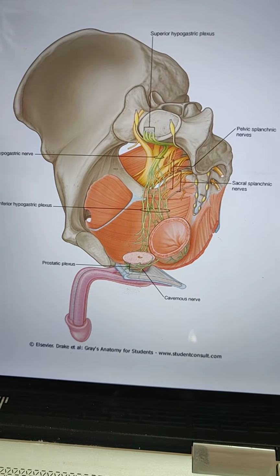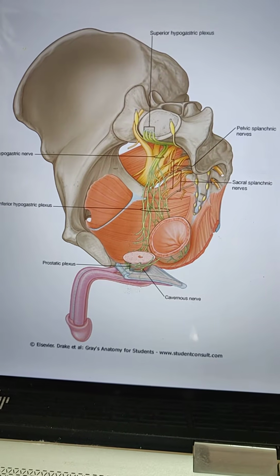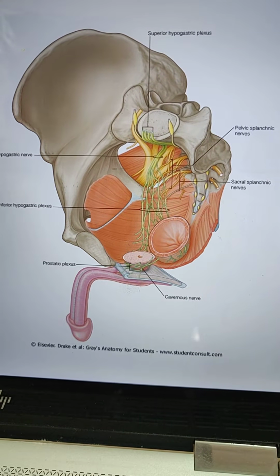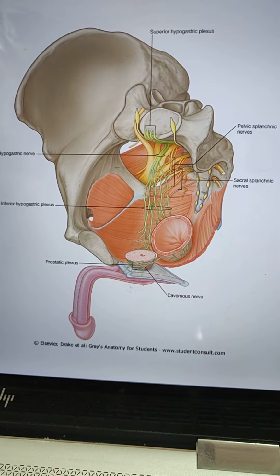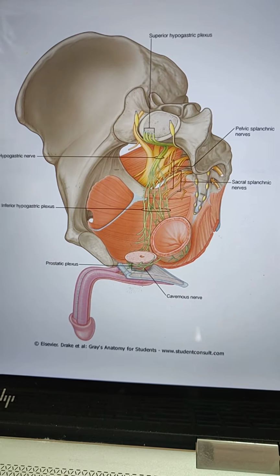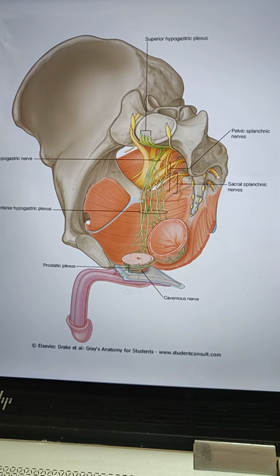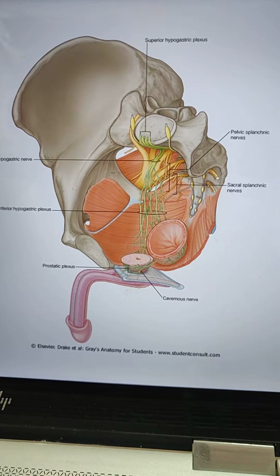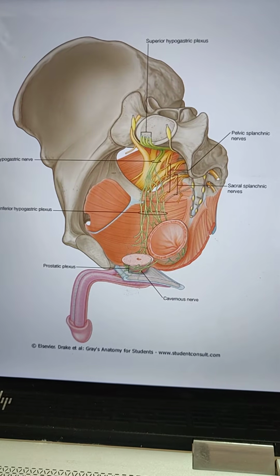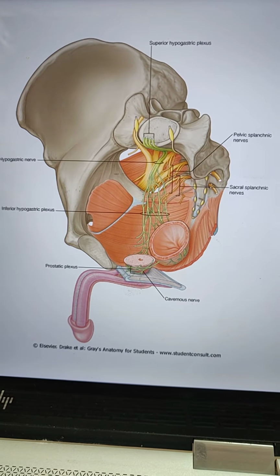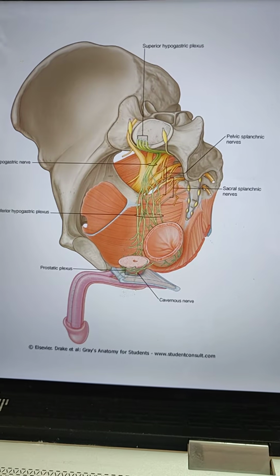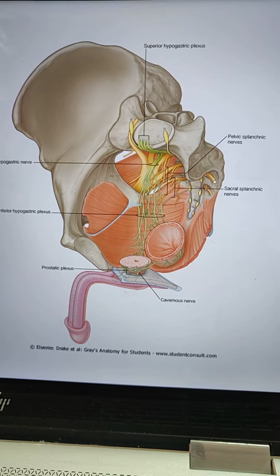Lymphatic drainage is into the internal iliac lymph nodes, external iliac lymph nodes and sacral group of lymph nodes. Nerve supply is sympathetic by L1 and L2 through the inferior hypogastric plexus, and parasympathetic by S2, S3, S4 through the pelvic splanchnic nerves, and it is secretomotor to the glands.